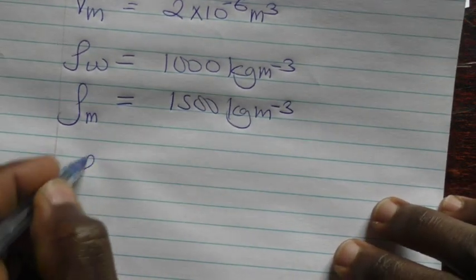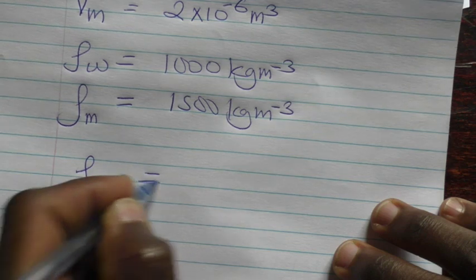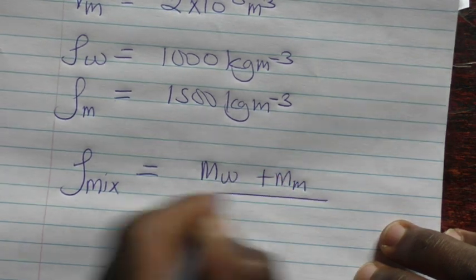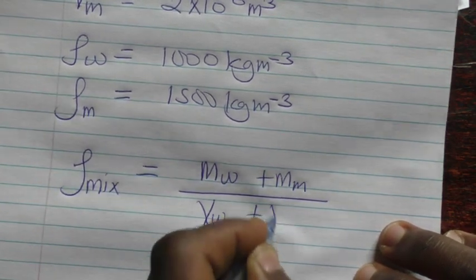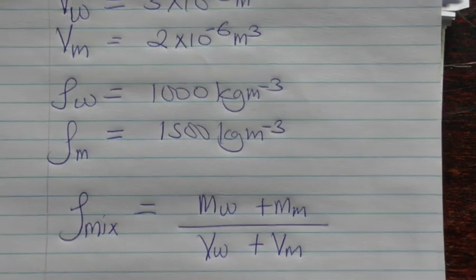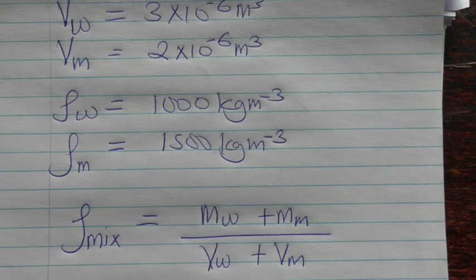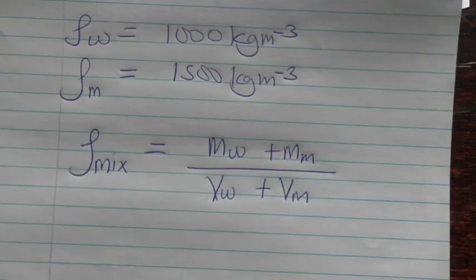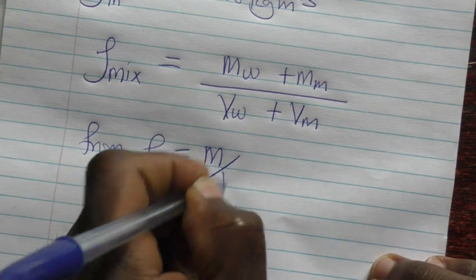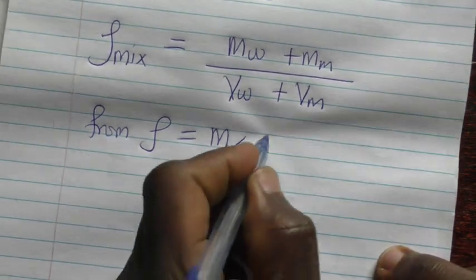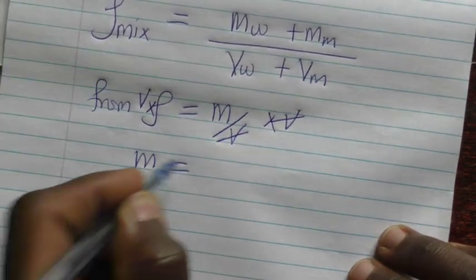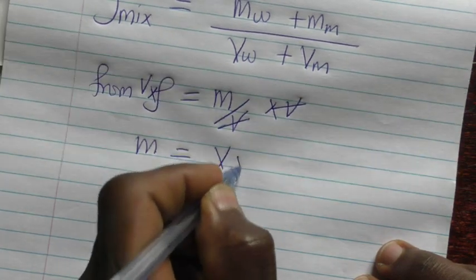We know that the density of the mixture is given by the mass of water plus the mass of milk, over the volume of water plus the volume of milk. But since I don't have the masses, I will express the mass in terms of density and volume. From volume equals mass over density, when I multiply throughout by volume, I end up with mass being equivalent to volume times density.